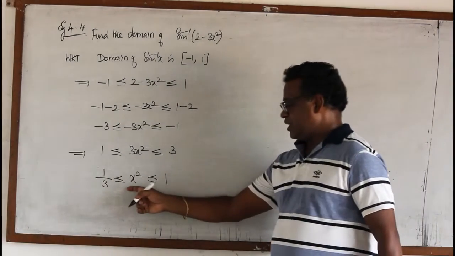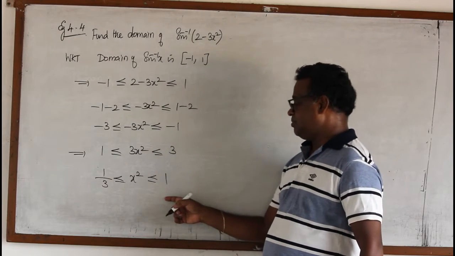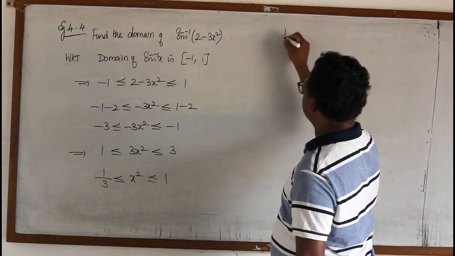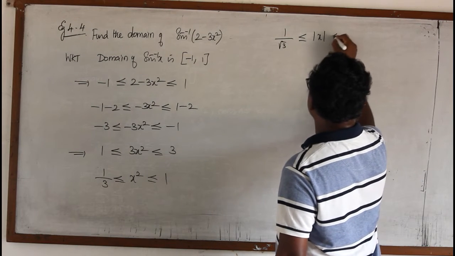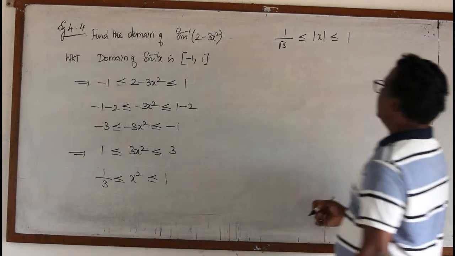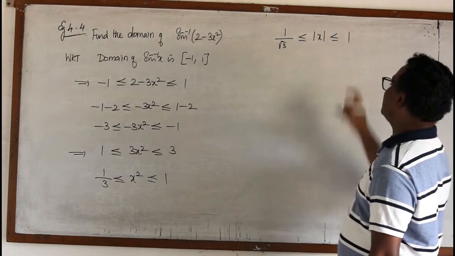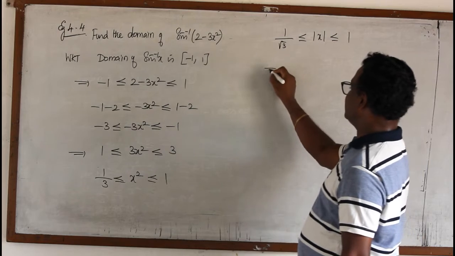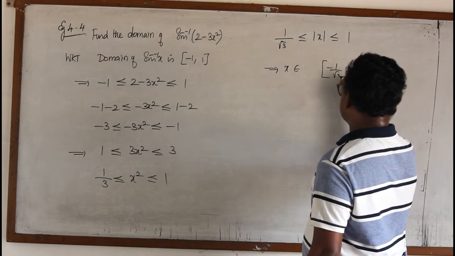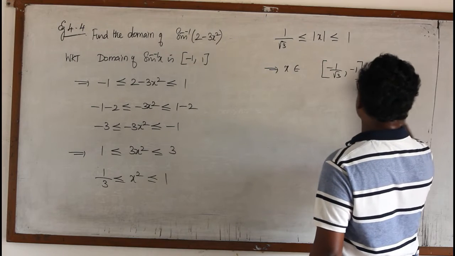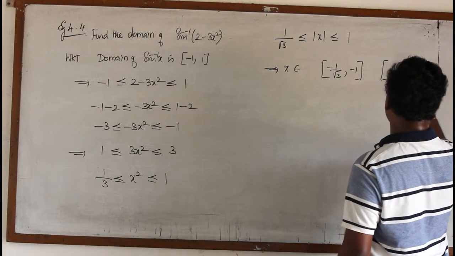If I take the square root, this will become plus or minus 1 by root 3 and plus or minus 1. So it can be written as 1 by root 3 less than or equal to modulus of x less than or equal to 1. Modulus of x means I have taken plus or minus. That implies x belongs to minus 1 comma minus 1 by root 3, union 1 by root 3 comma 1.